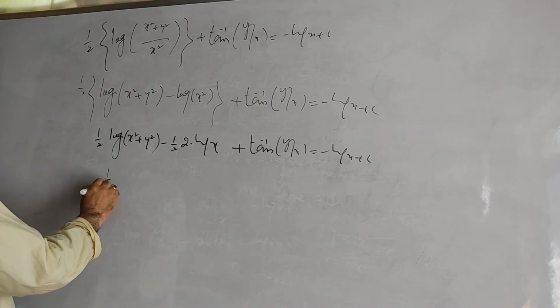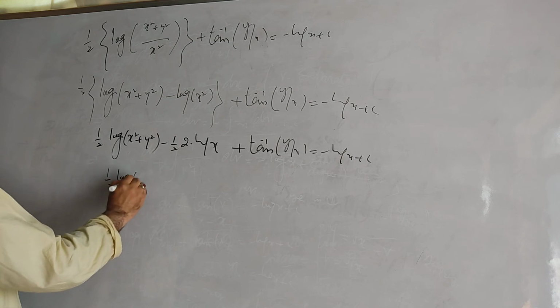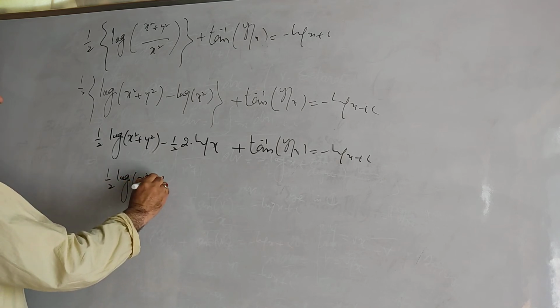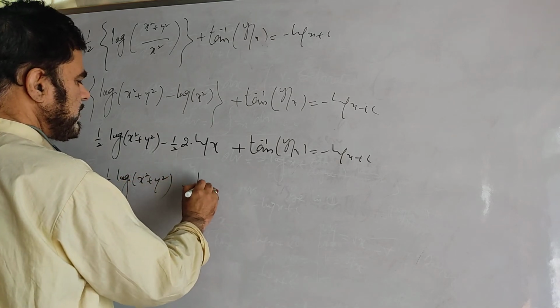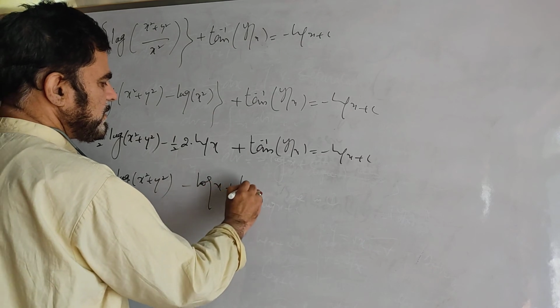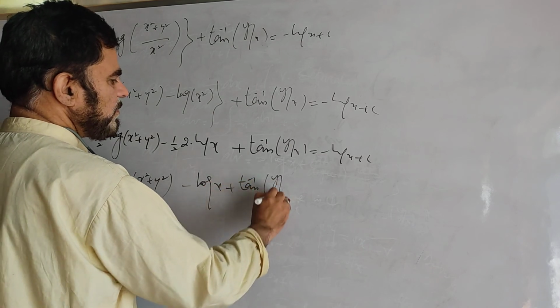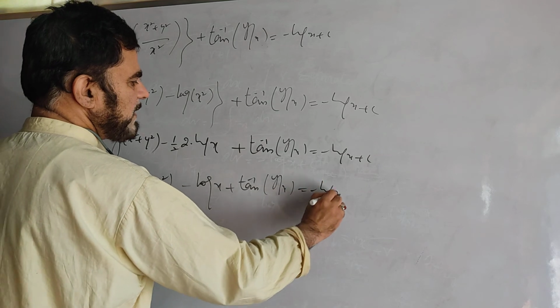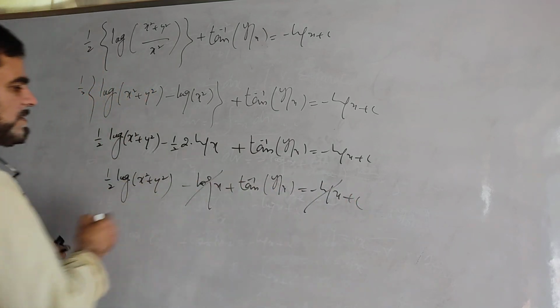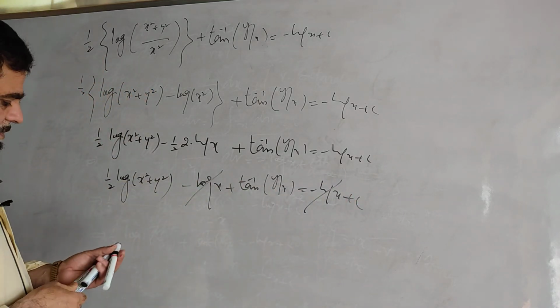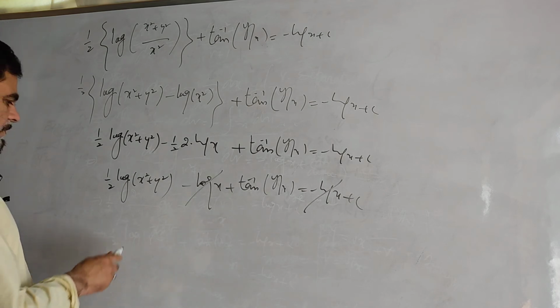You can write it 1 by 2 log of x square plus y square. This is minus log x plus tan inverse y by x is minus log x plus c. This minus log x goes. So you have the solution of this.